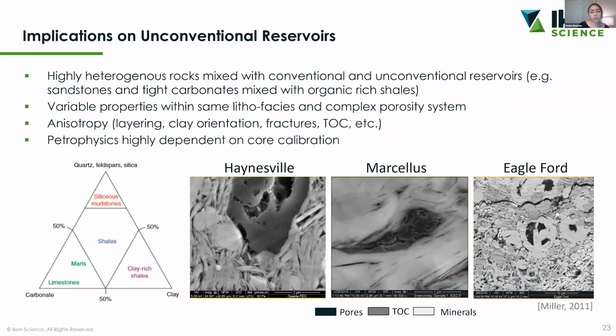What's the layering? How is my clay oriented? Are there any fractures? The TOC itself. And to complicate even more, because not all wells have core, the petrophysics that we apply in these rocks have to be highly dependent on core calibration. And that's one of the challenges that we commonly see in these, because we will have to extrapolate properties based on the core calibration from one well to the other.